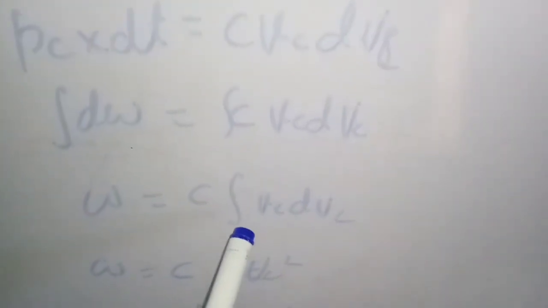C is a constant and comes out, and the integral of Vc dVc follows the rule of integration: the power is increased by 1 and divided by the new power. So the total energy is one half C Vc squared. It is the energy that is stored in the capacitor as electrical energy, stored in the electric field.